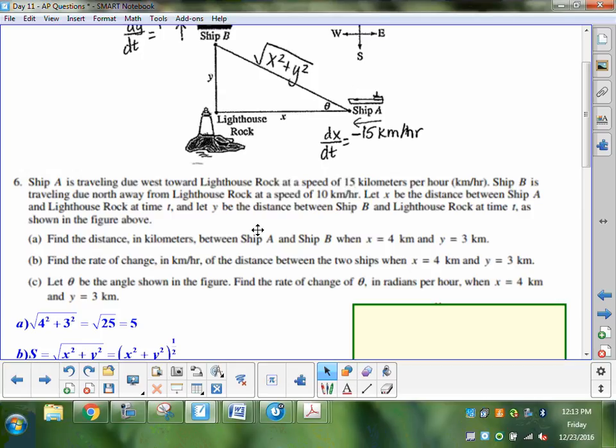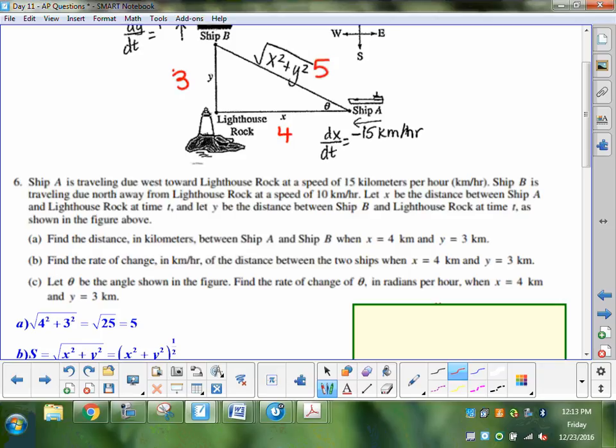And you know the sides, right? Because you're saying it's a 3, 4, 5 triangle. So this at that moment is 5. Did we say this was 4? The x is 4, this is 3. Sorry, thank you.